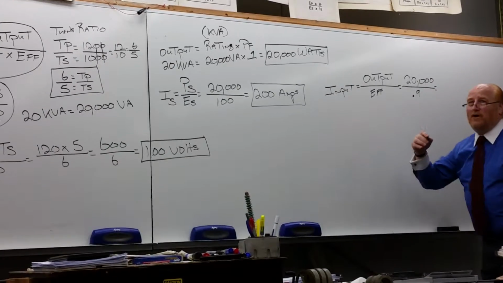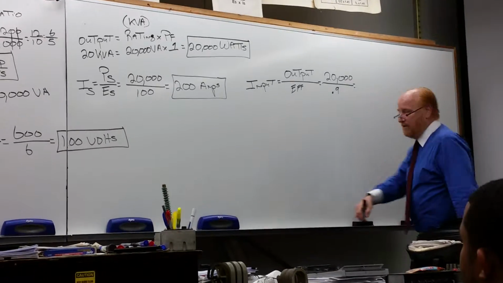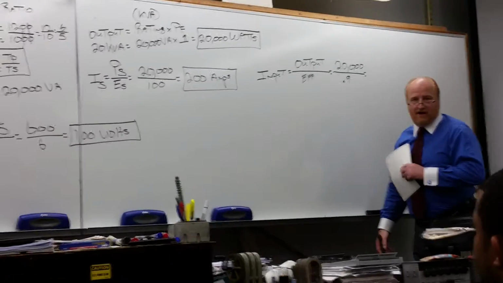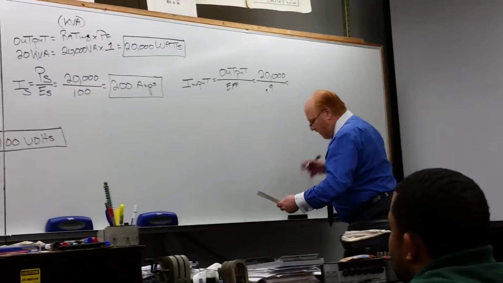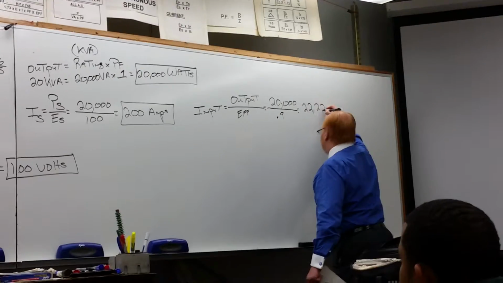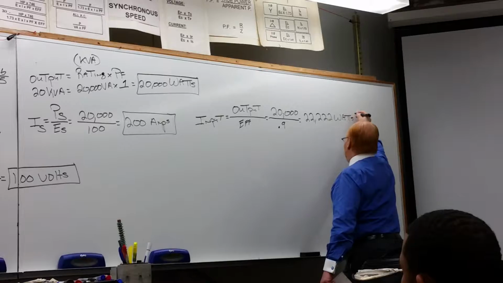My input will always be greater than my output because there are no losses on the primary side. The losses occur as we come to the secondary side. So my input is really 22,222 watts.